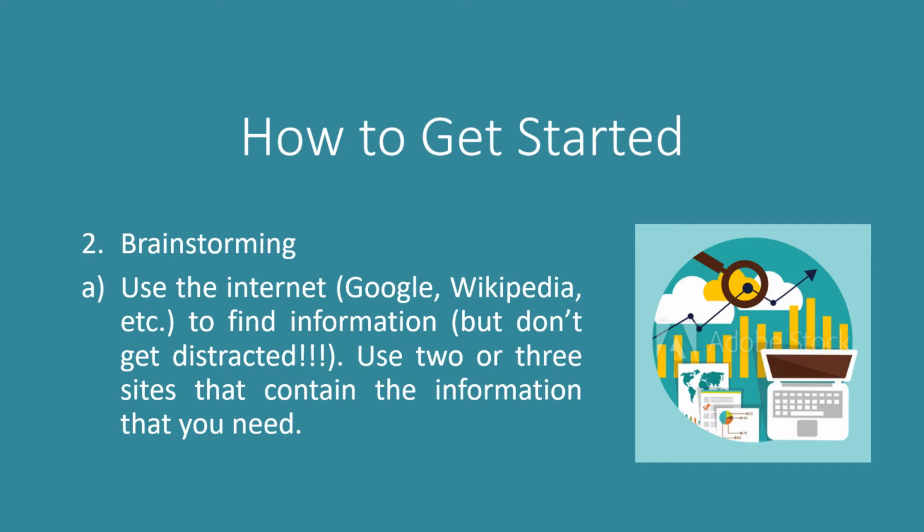But you have to be careful not to get distracted. Instead of getting sucked into watching YouTube videos, and then you'll find that 5 hours have passed before you've actually written your essay. Use 2 or 3 sites that contain the information that you need, and that way you'll maintain focus on the topic.